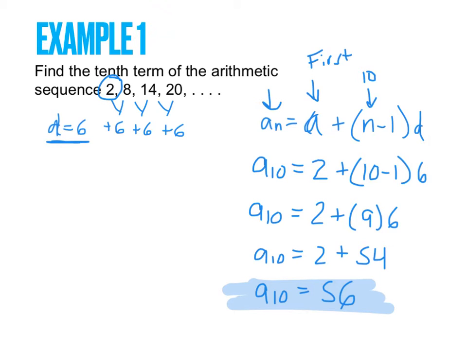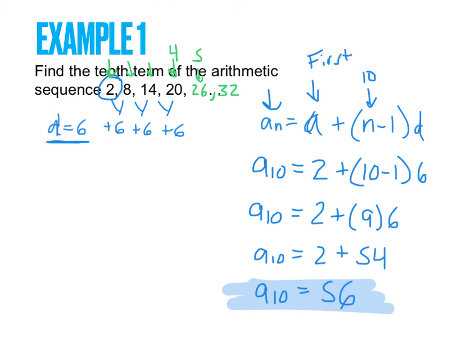Another way we could have solved this problem was this is our first term, this is our second, this is our third, this one's our fourth. We could add 6 again to find our 5th term. So we would have 26, then we would add 6 again, and we would have 32. And we could just keep adding 6 until we get to our 10th term, and that would work.